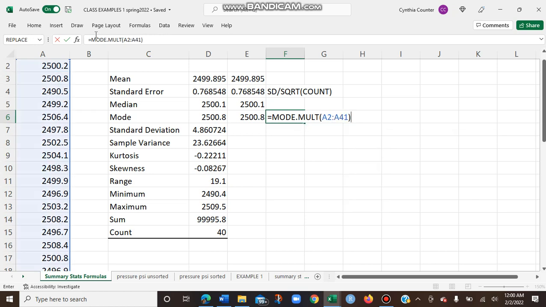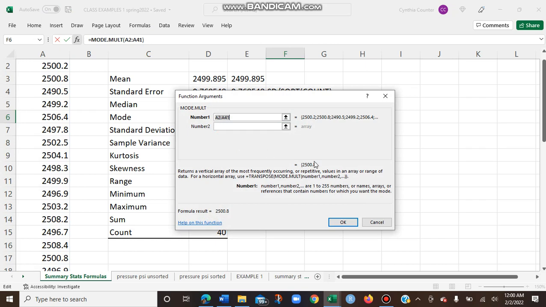All right. And now if I click this, notice that they have the 2500.8, but within curly brackets. It's represented as a set. So if there is more than one mode, you will see several values within the curly brackets. Here there is only one, which we had already determined, there's a single mode.